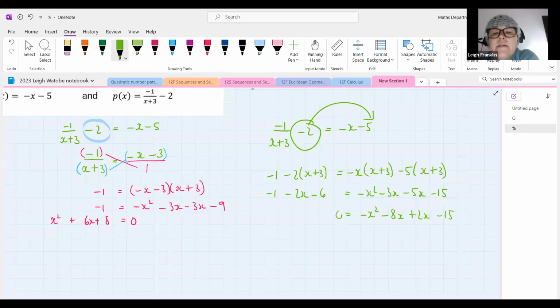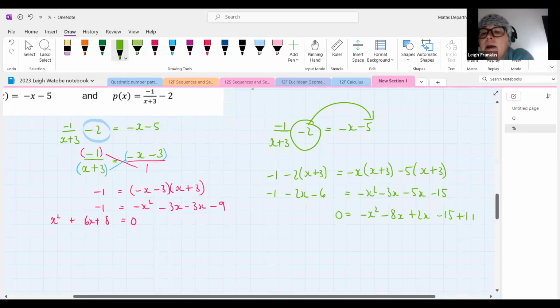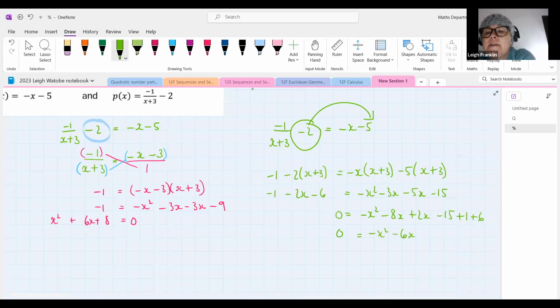Bring down the minus 15, and then we need to add 1 and add 6. So we would end up with negative x squared minus 6x, and then minus 15 plus 7 would leave us with negative 8. Can you see it's the same thing? So now if we multiplied through by -1, we'd end up with x squared plus 6x plus 8.